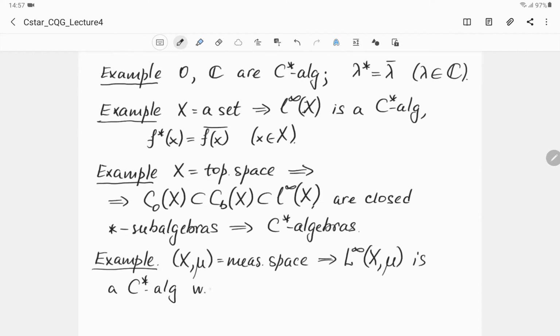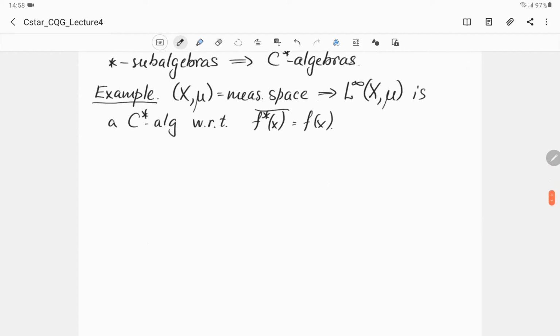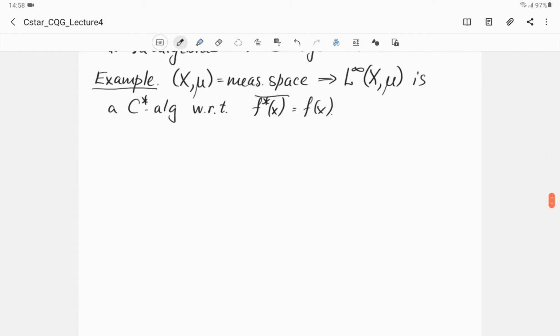Again, with respect to the same involution. The involution is the pointwise complex conjugation. Okay, so far all these examples are commutative.